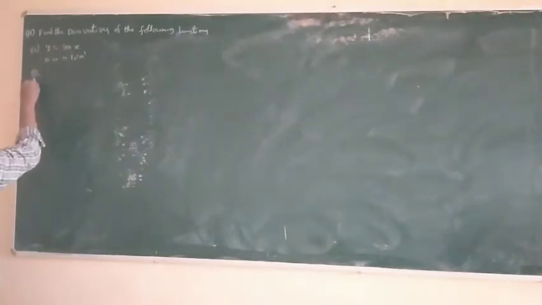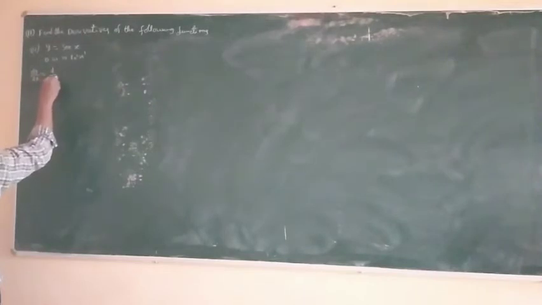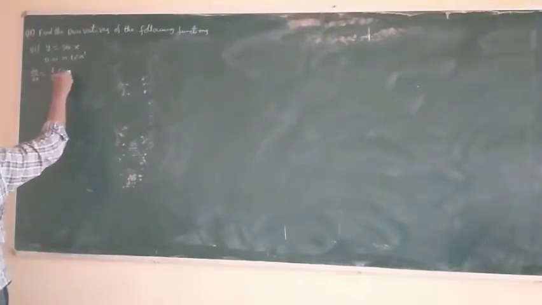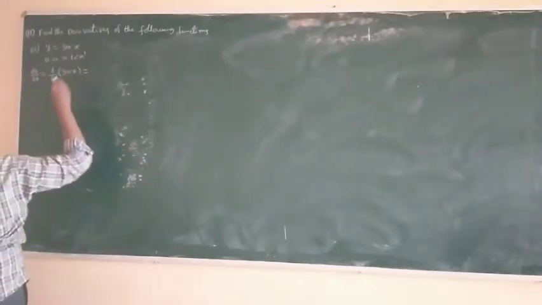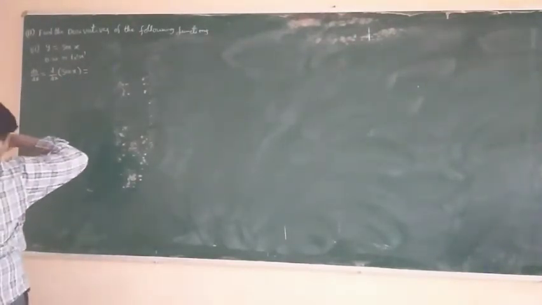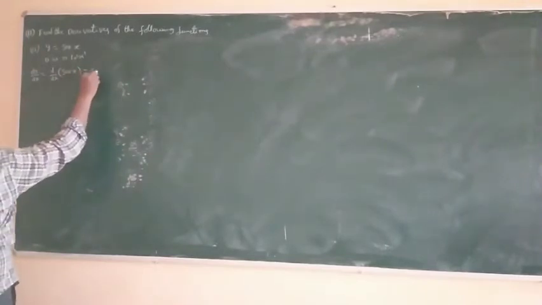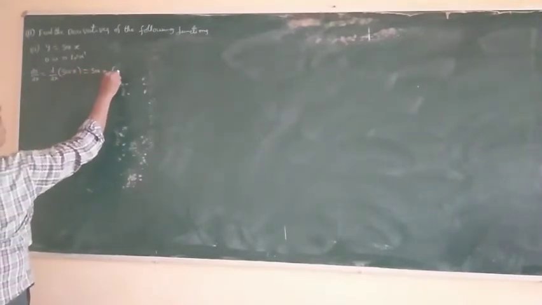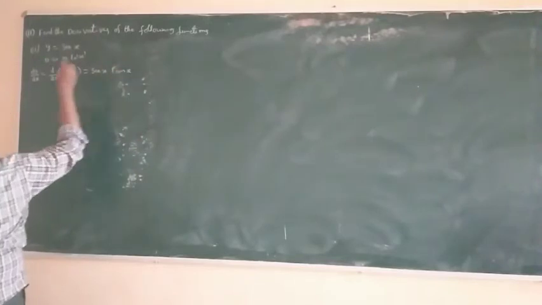So, dy by dx is equal to d by dx of secant x. What is the formula of the derivative of secant x? Derivative of secant x is equal to secant x into tan x.